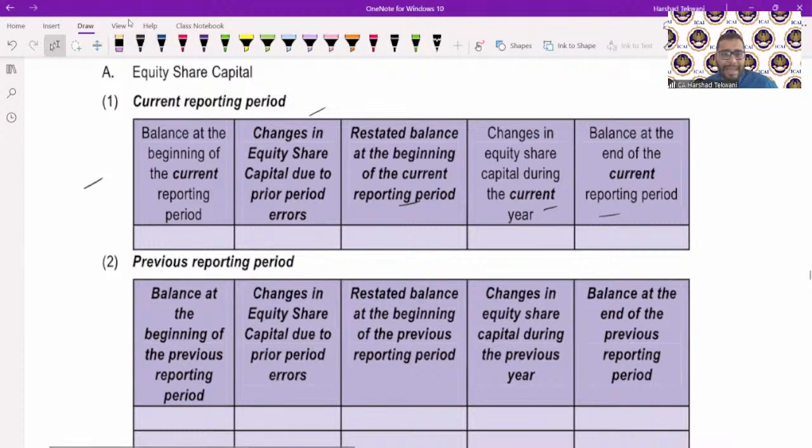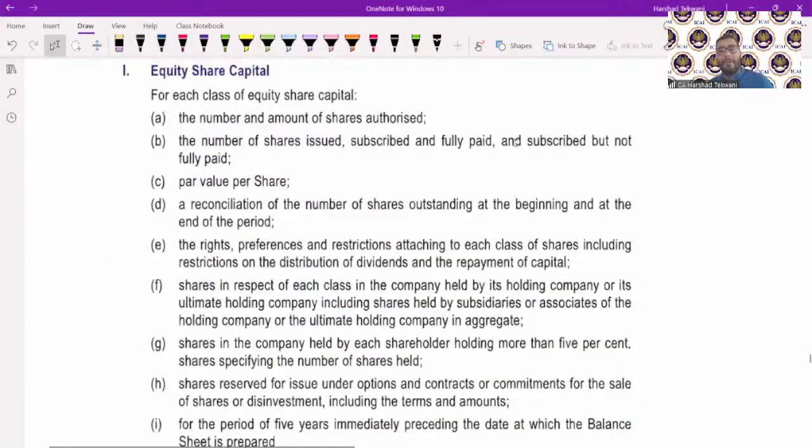Now, other than this disclosure, there is some additional disclosure required by the respective head or particular note also for the equity share capital. Other than the statement of changes in equity, additional disclosure is required for equity share capital.